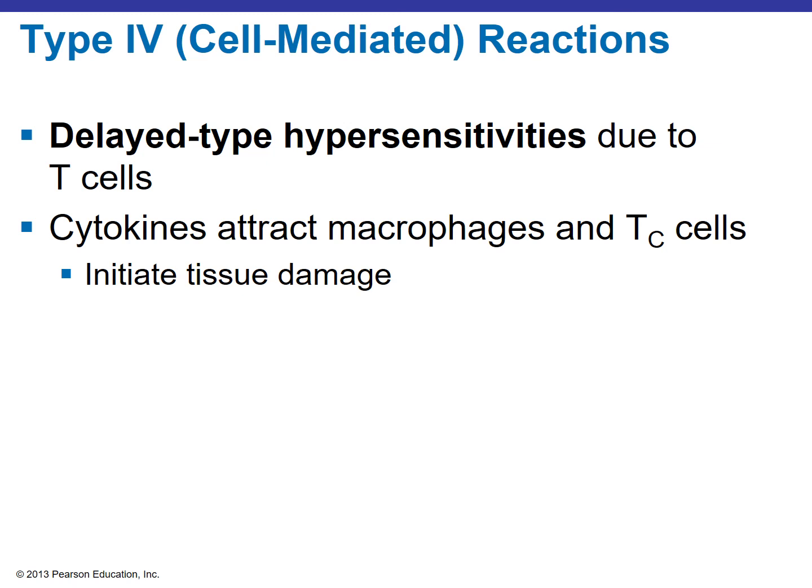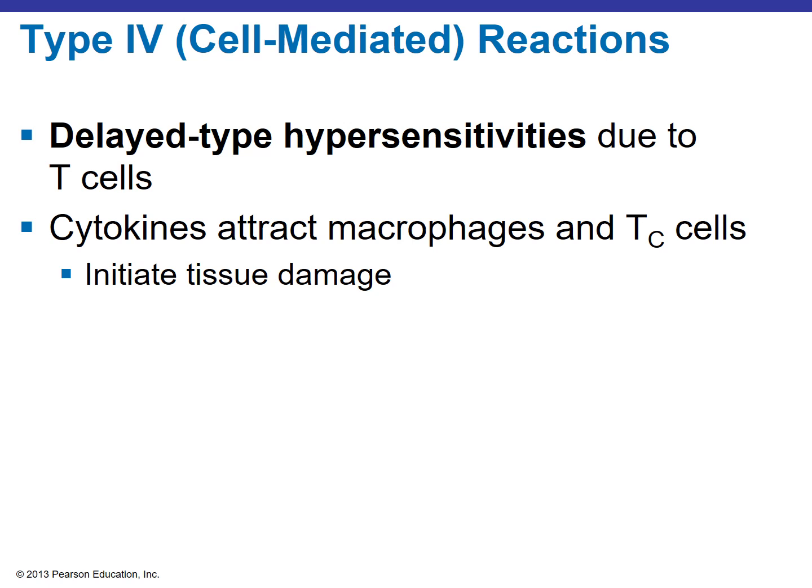So the sensitization would occur when the foreign antigen is phagocytosed by macrophages and presented to T cells. And then T cells with complementary receptors would contact the antigen and proliferate and differentiate into memory cells.